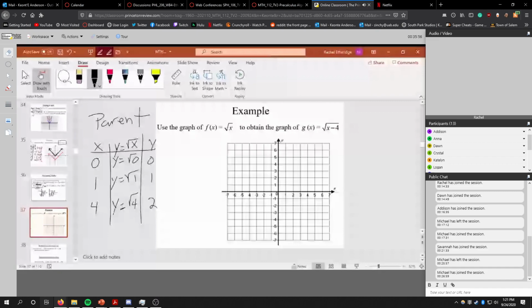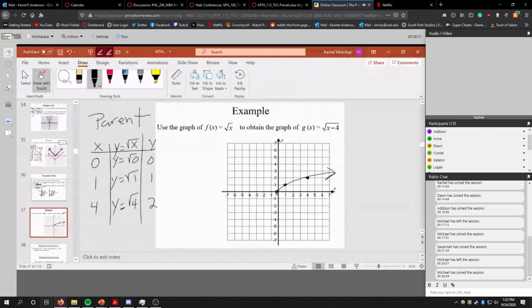I plot my points: 0, 0; 1, 1; and 4, 2. That's your square root graph, y equals square root of x.